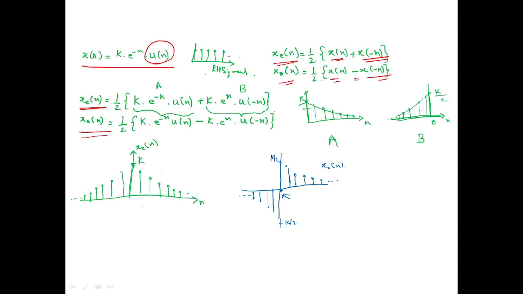So in the first case, the even component is equal to half of k e to the power minus n multiplied by u[n]. This is the x[n], and the second is x[minus n]. So this value remains the same, this n becomes plus n over here, and u becomes u of minus n.